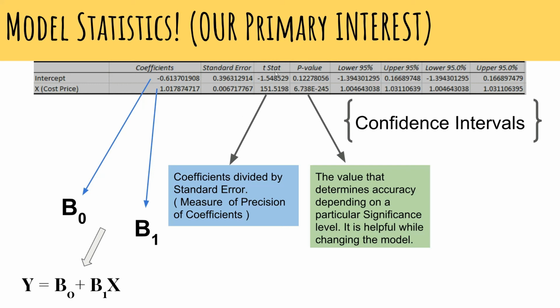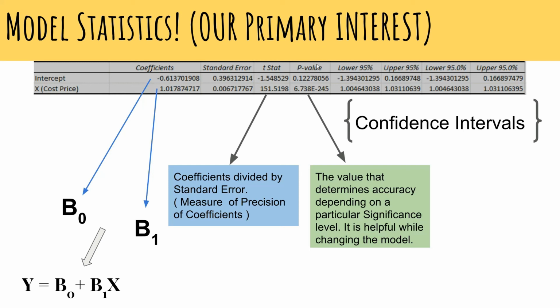Moving on further, t-stat or t-statistic is another statistical tool which can help you to understand the accuracy of your model. It is basically the coefficient divided by the standard error. It gives us a measure of the precision of our coefficients.